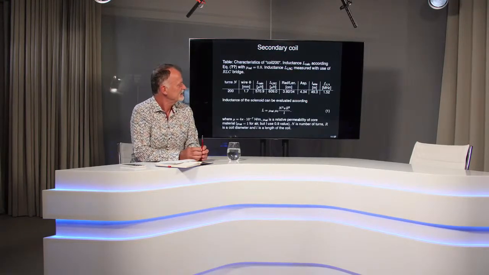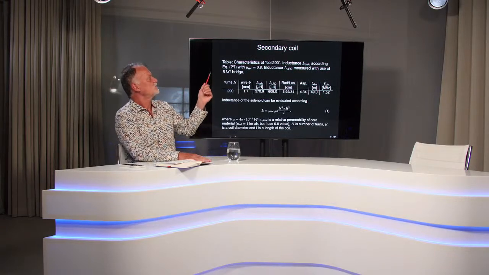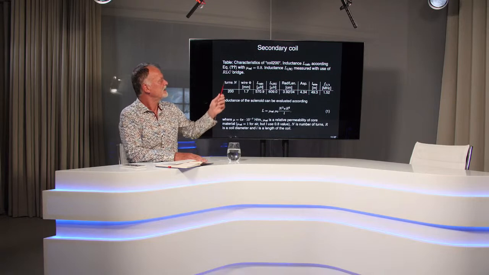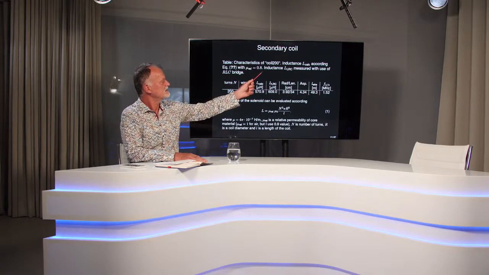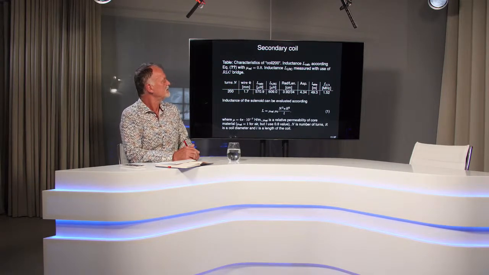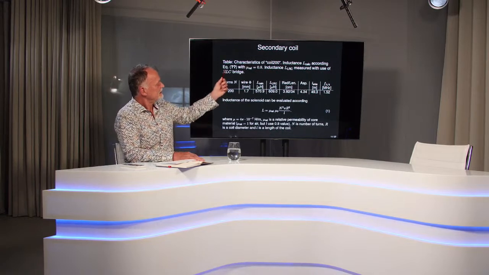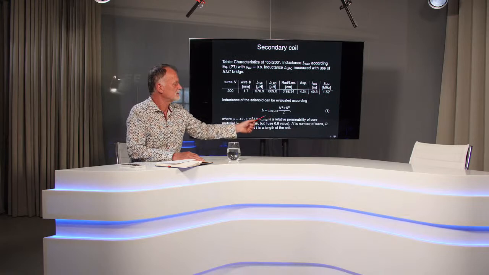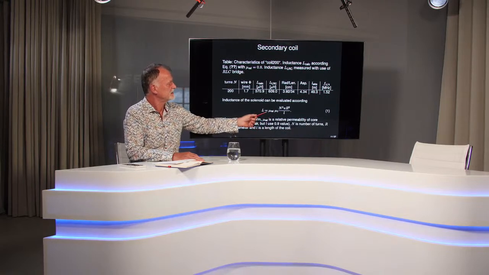So if we go to the next slide, just for people who would like, for example, to replicate this experiment, I will give more details about this secondary coil. We use the formula for the inductance calculation.